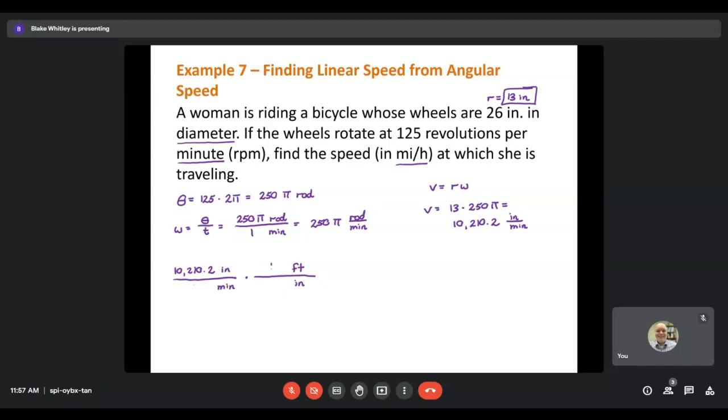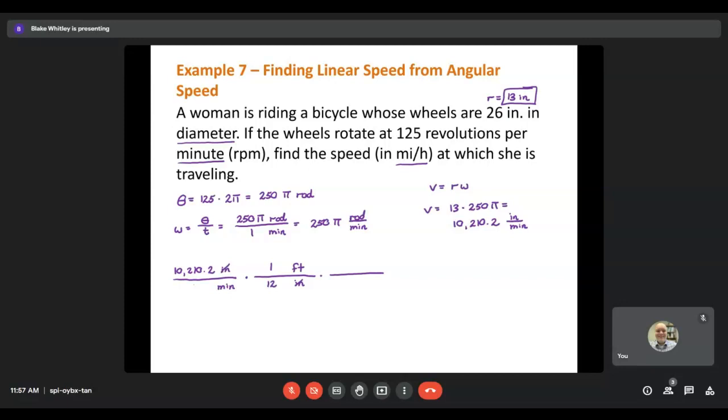So I'm going to put 1 foot on top, 12 inches on the bottom. And by doing that, I'm canceling out my inch unit. So now if you look at what's left over, we have feet over minutes, so feet per minute. Still not what we want, right? But we're getting closer. I'm going to multiply again.